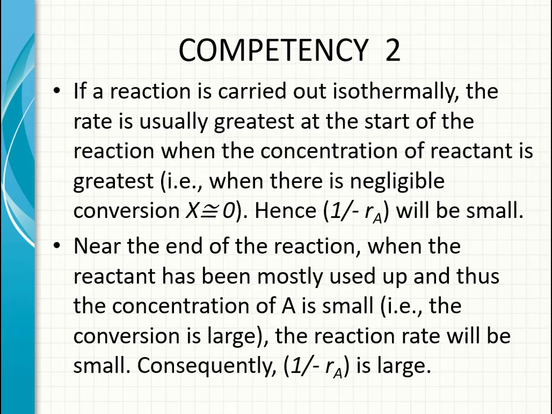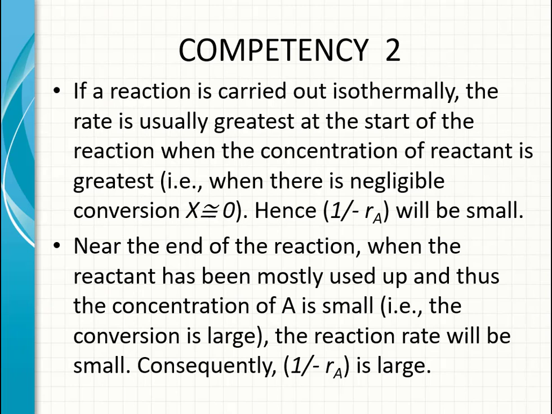For example, where there is negligible conversion, X tends to 0. Therefore, 1 divided by -Ra will be small because -Ra is big, so the reciprocal will be small.